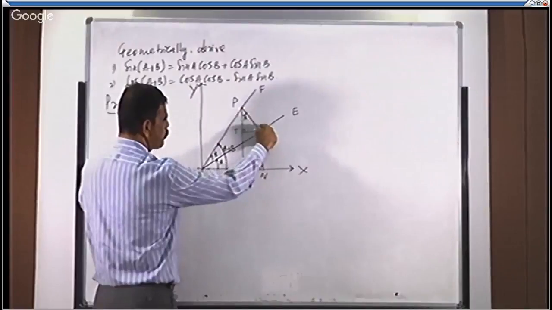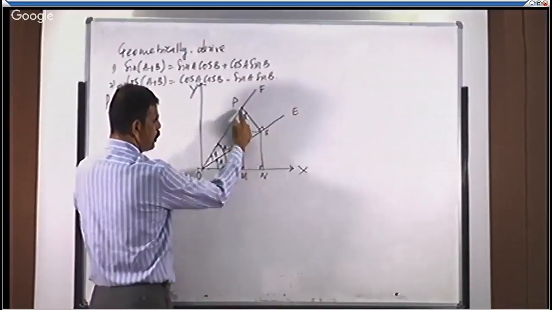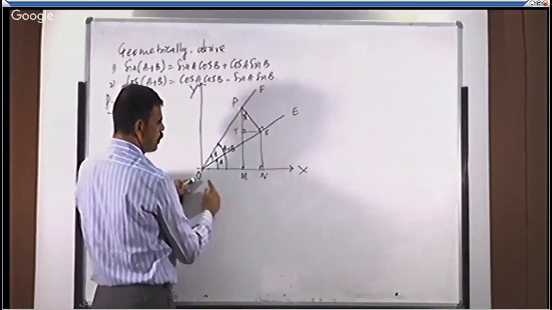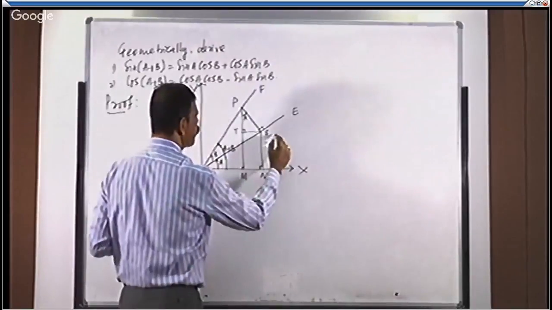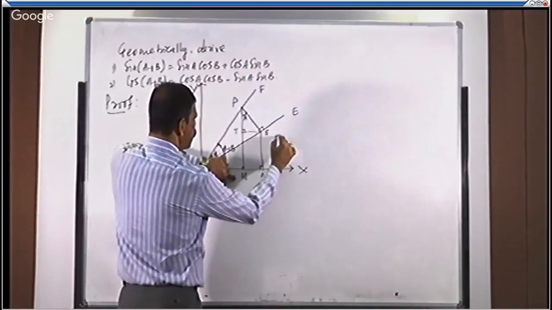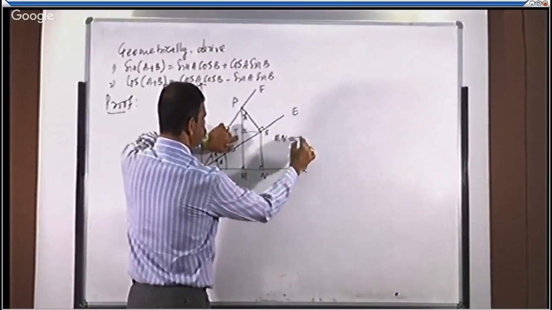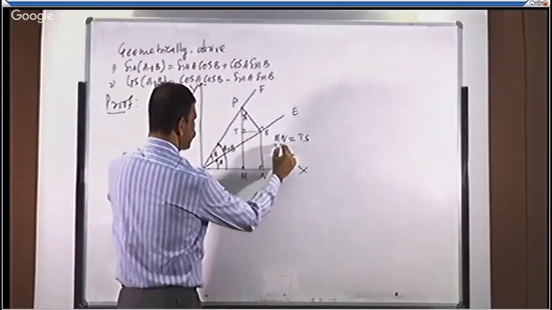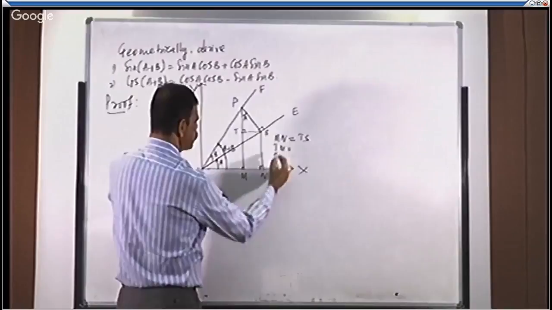Draw PS perpendicular to OE. Draw ST perpendicular to PM and draw SN perpendicular to OX. By doing this, we have MN equal to TS and TM equal to SN.